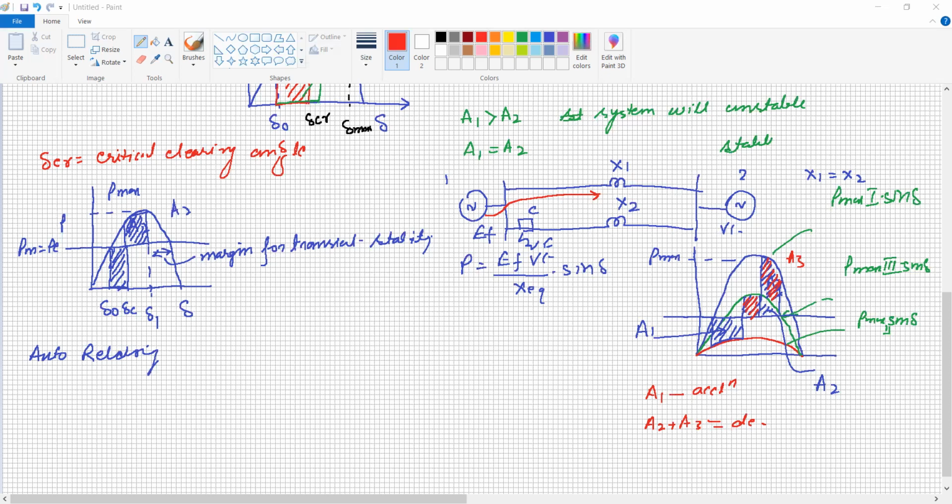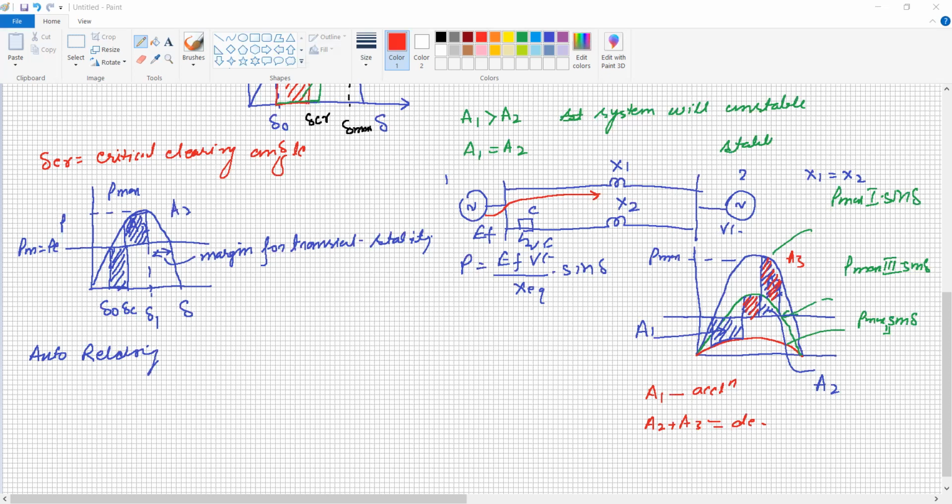Now here, for a sudden change in mechanical input, one example has been taken. This is the generator with its mechanical input, connected to the transmission line. Again, this is the P-delta curve. Initially, the mechanical input is PM0. Suddenly, the mechanical input is increased.